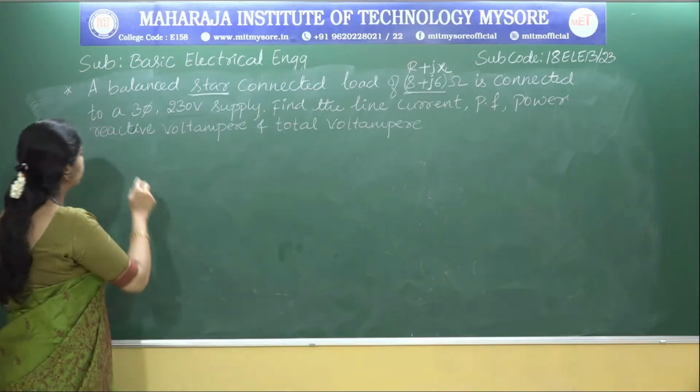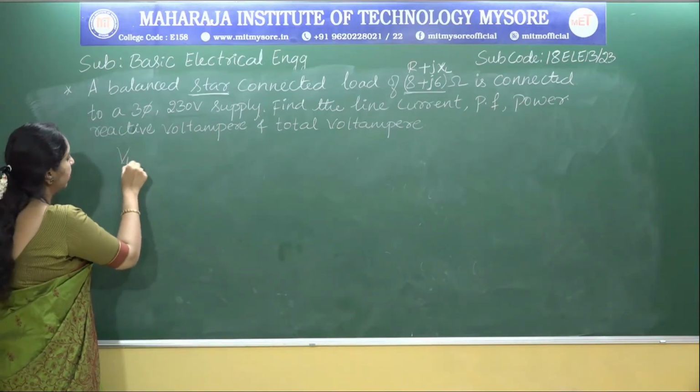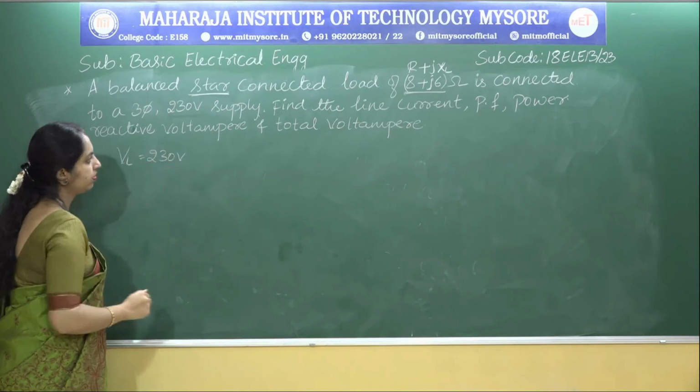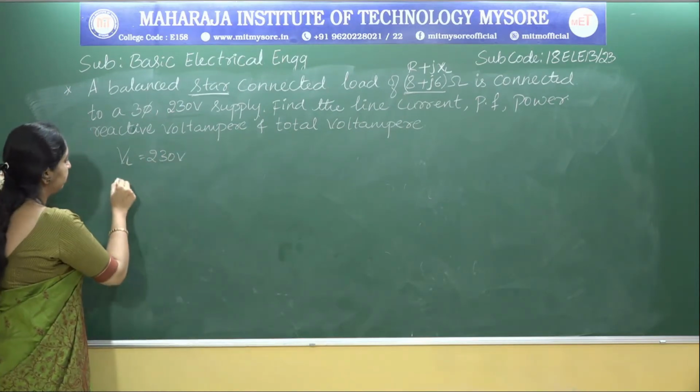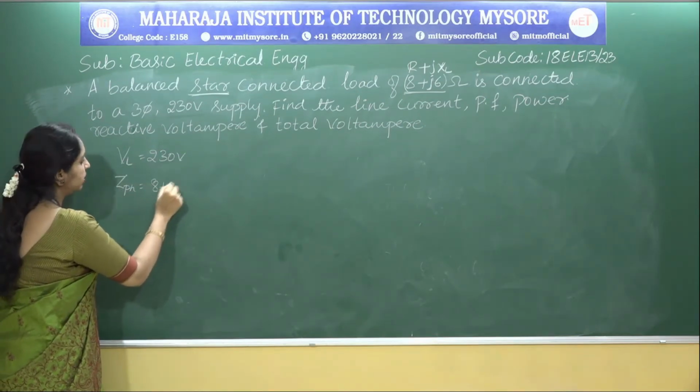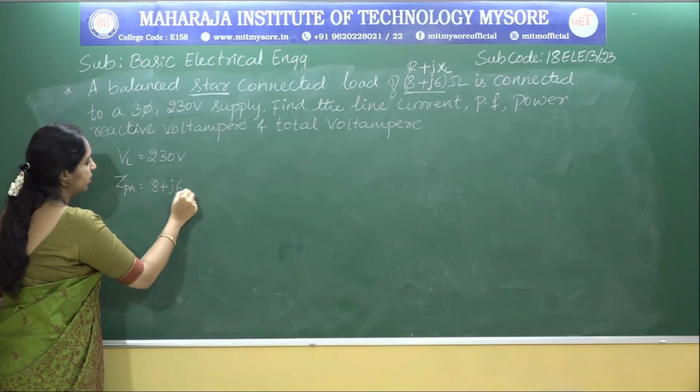So remember, the line supply is equal to 230 volts, and ZPH is given here: ZPH is equal to 8 plus j6.